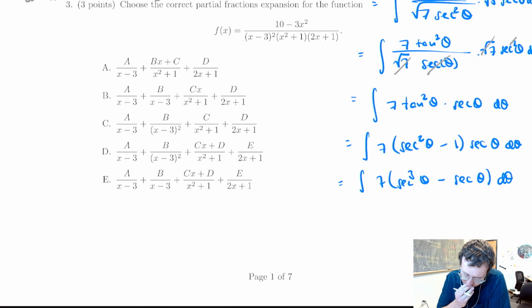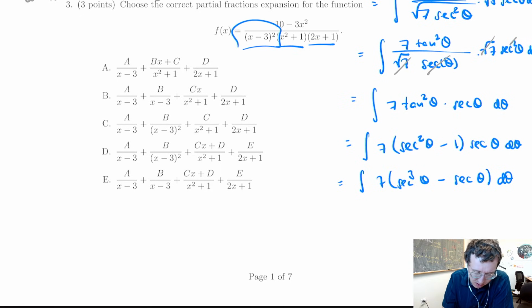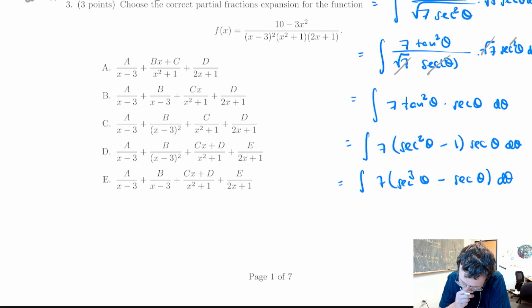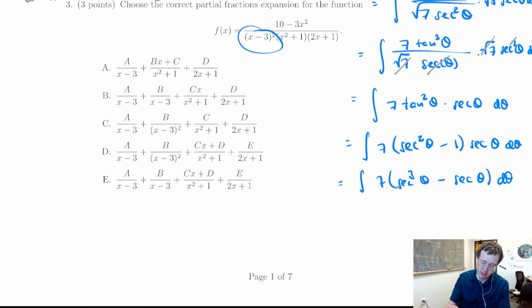Okay, partial fractions. In the denominator, we have a linear term, we have a quadratic term, which is not reducible, it's not factorable, and then we have a linear term squared. So when I have an x minus 3 squared in the denominator, I'm going to want something over x minus 3 and something over x minus 3 squared.